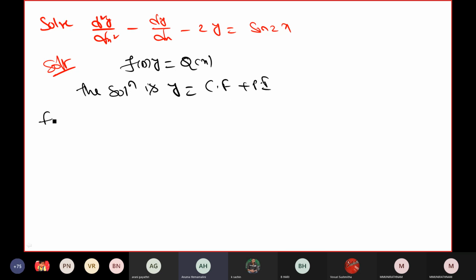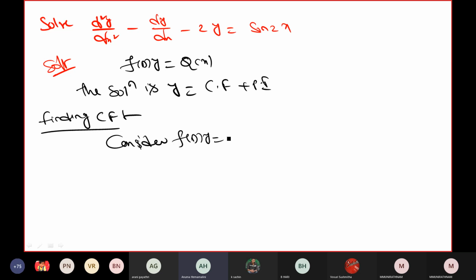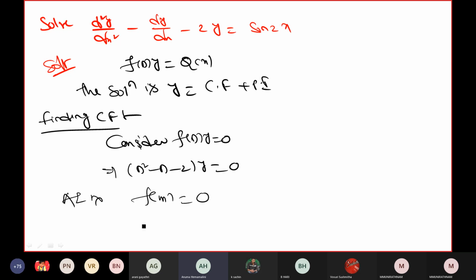So finding cf, for that we need to consider the homogeneous part. So d square minus d minus 2 into y equal to 0. The auxiliary equation is f of m equal to 0, m square minus m minus 2 equal to 0, m square minus 2m plus m minus 2 equal to 0.